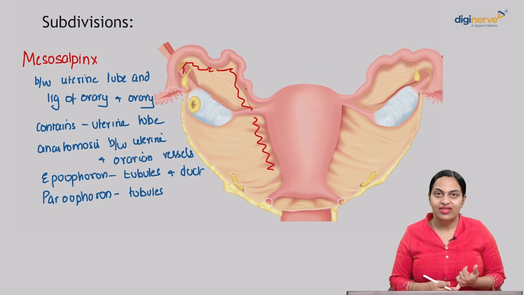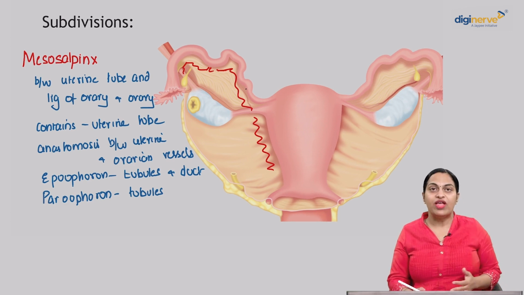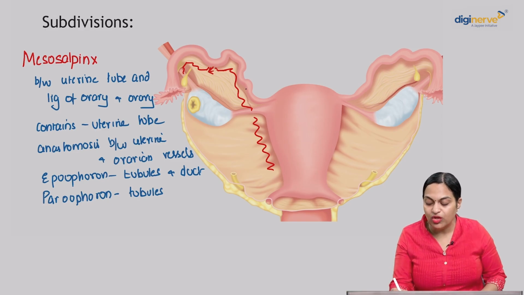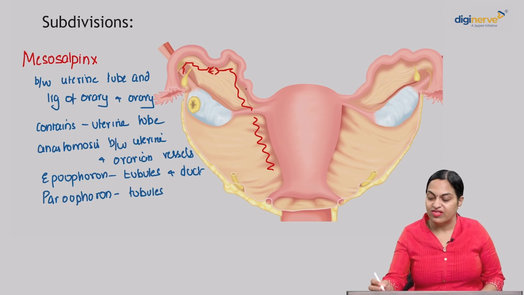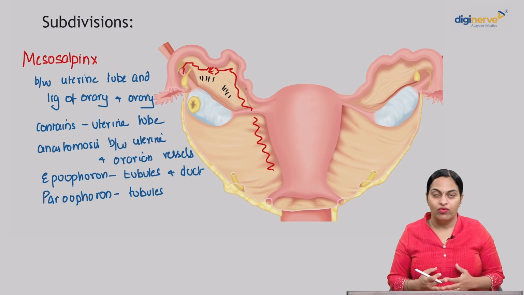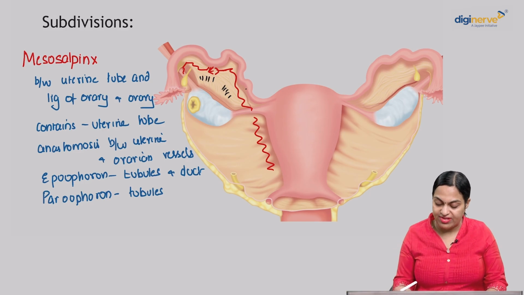The Mesosalpinx has the uterine tube, the anastomosis between the uterine and the ovarian vessels, and also over here, the tubules of epophoron, parophoron, and the duct of the epophoron. So these are the contents of Mesosalpinx.